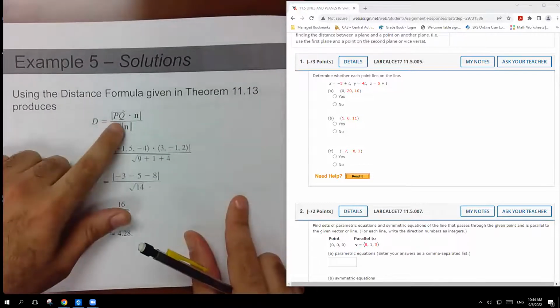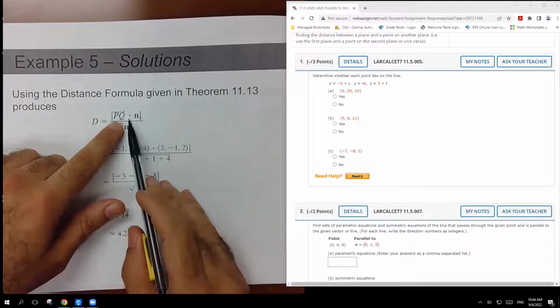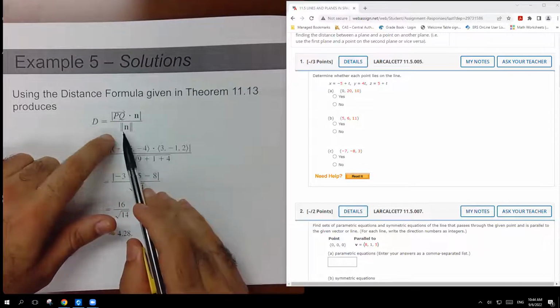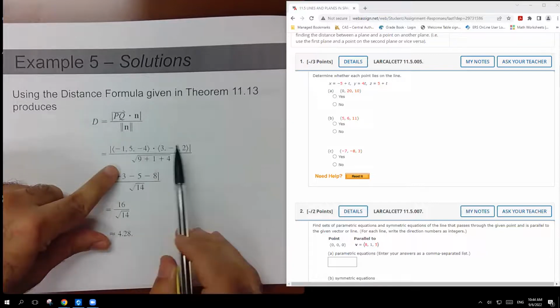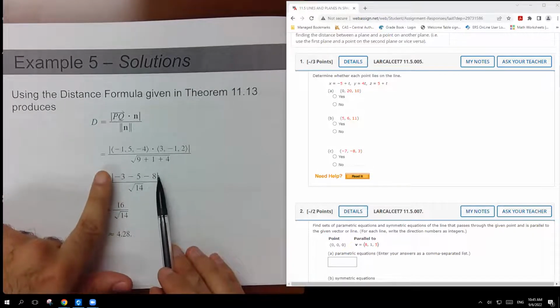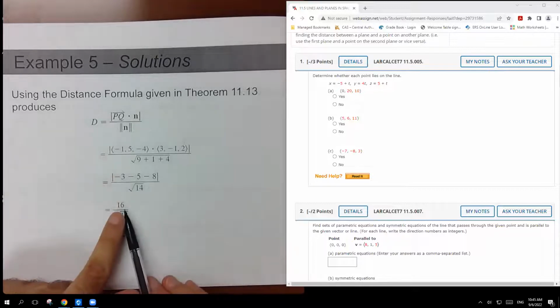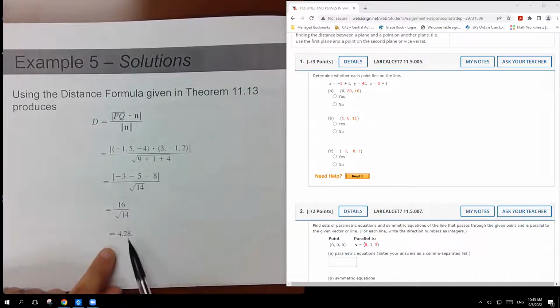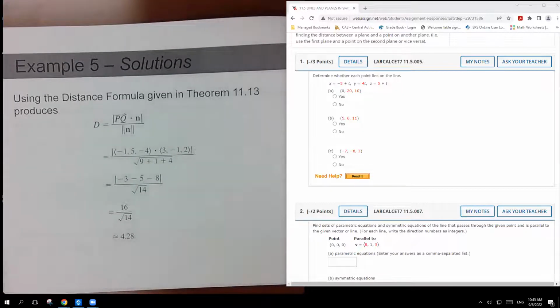This is going to be the dot product between PQ and n over the length of n. Absolute value always, because the negative is supposed to be positive. There is no distance with the negative. So it's going to be 16 over square root of 14. You can keep it like this, or you can convert it to a decimal.